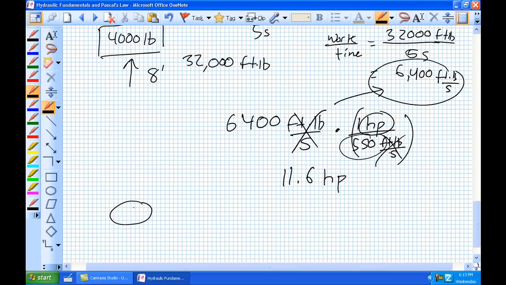Here, a cylinder of diameter, notice I'm not giving you the area straight up, diameter 2 inches, is hooked in a force multiplication arrangement with a larger cylinder of radius 3 inches.